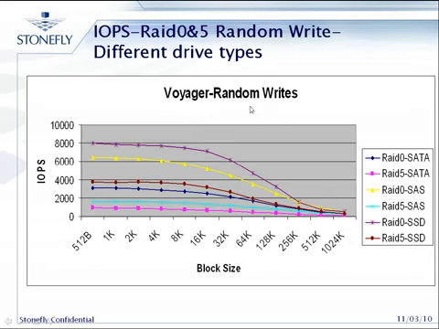For a random write, it is also drastically different. If you look at the top one, it is the RAID 0 SSD. But on the right, the second best is actually RAID 0 SAS. So that's why I said the rate levels also affect the performance.